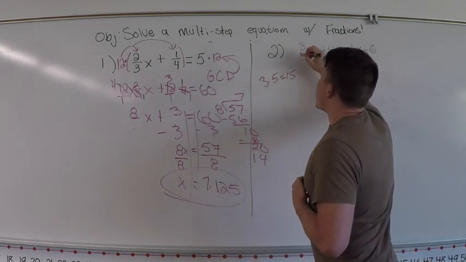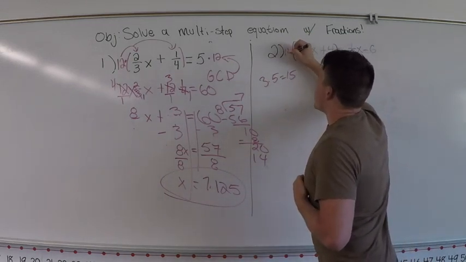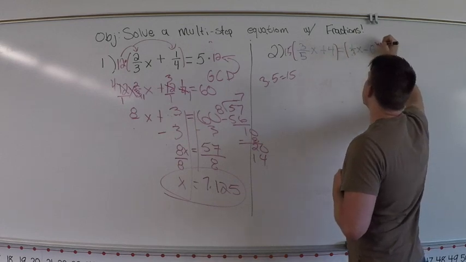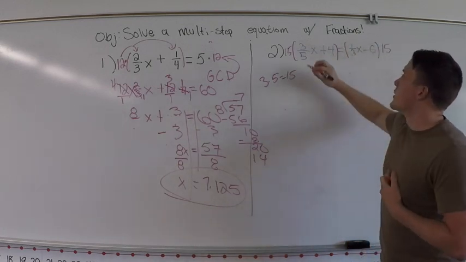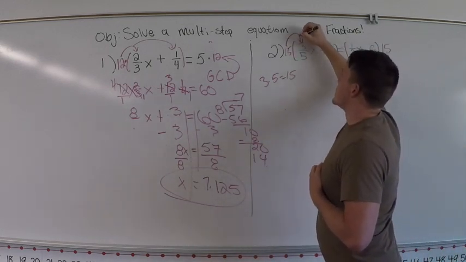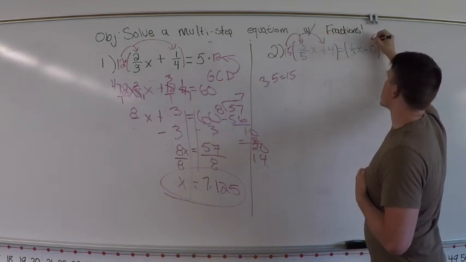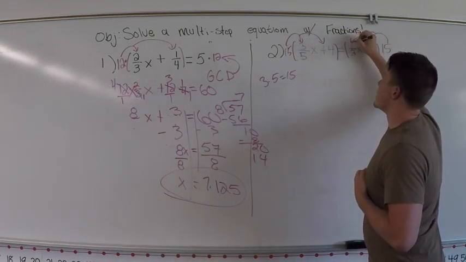So I will multiply everything by 15. Of course, parentheses mean multiplication, so I'm just going to draw my line to each one.